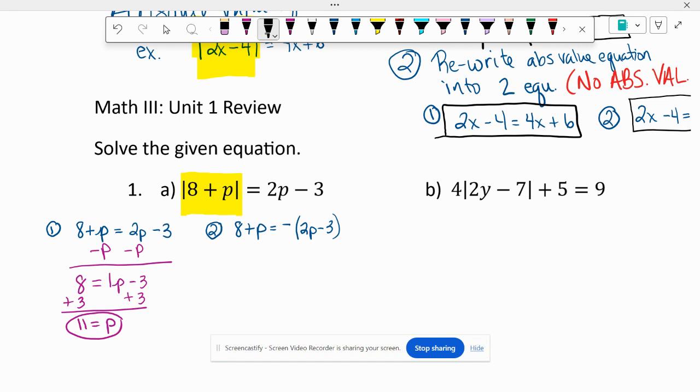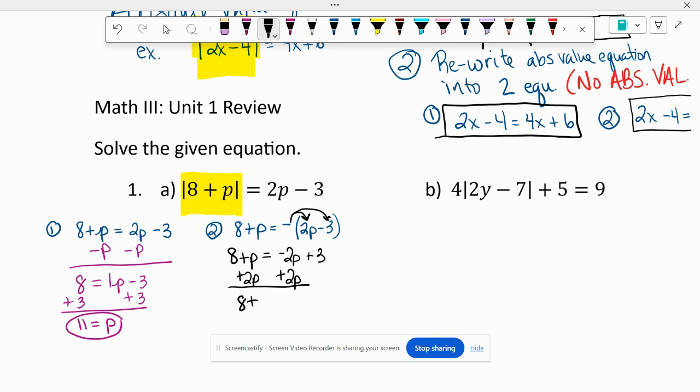So the first thing I'm going to do is I'm going to need to distribute this negative, right? So 8 plus P equals, let's see, negative times 2P is negative 2P, and a negative times a negative 3 is a positive 3. So now I'm going to add 2P on both sides.